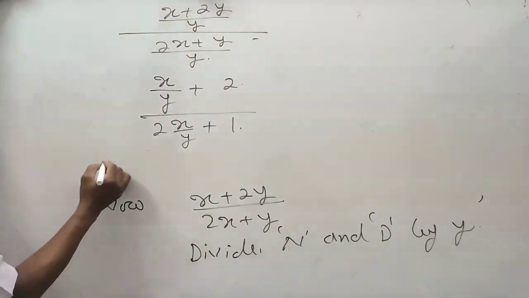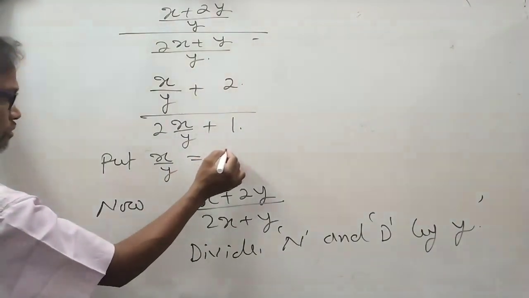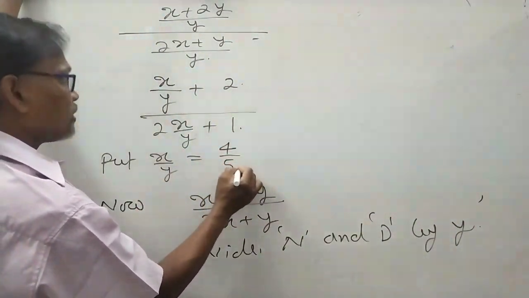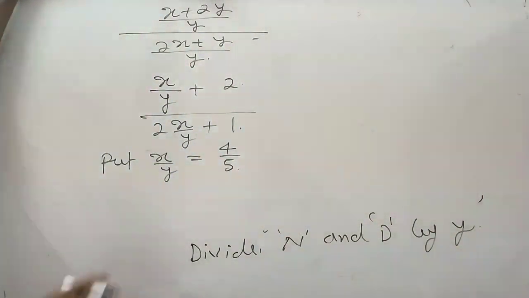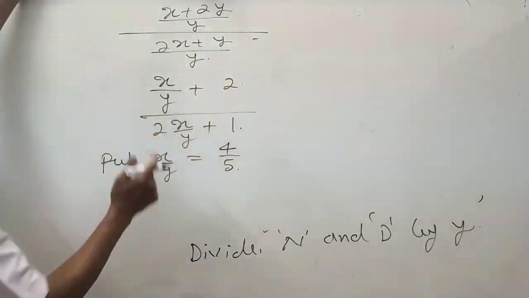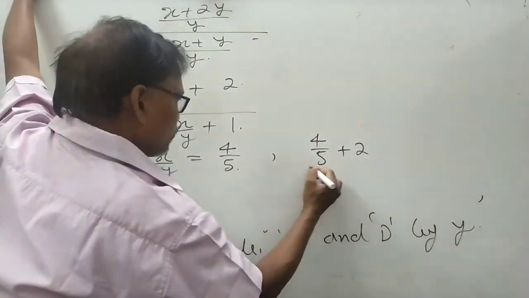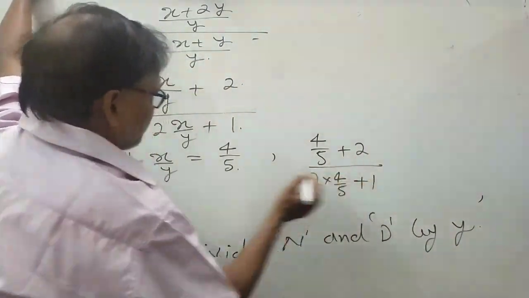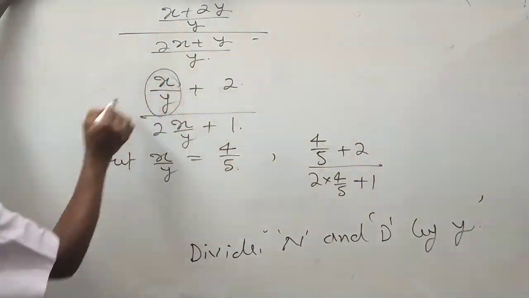Now put the value x upon y is equal to 4 upon 5, whatever is given in the question. First take 4 upon 5. When you put it, this is equal to (4 upon 5 plus 2) whole upon (2 into 4 upon 5 plus 1). Means put this x upon y in this expression.